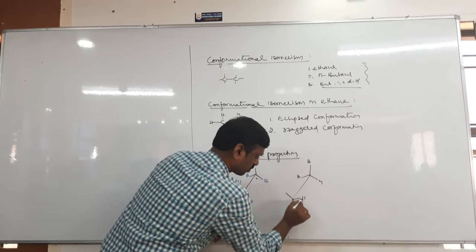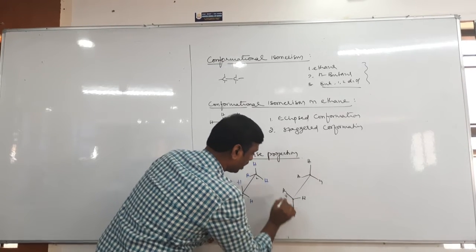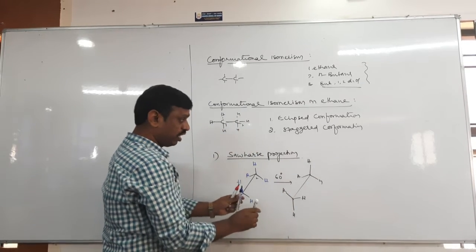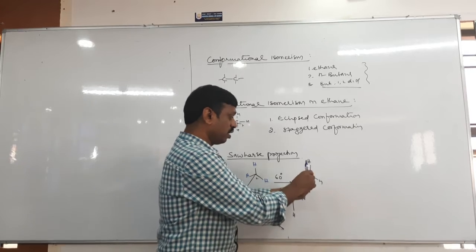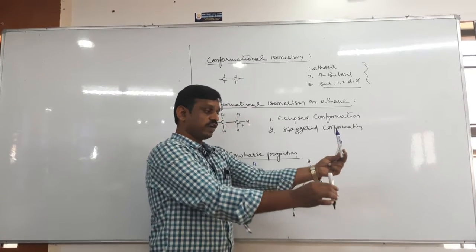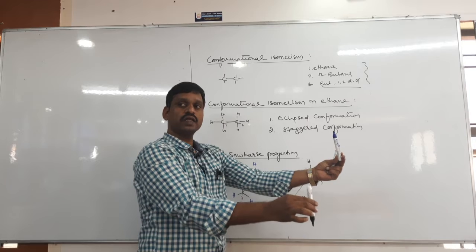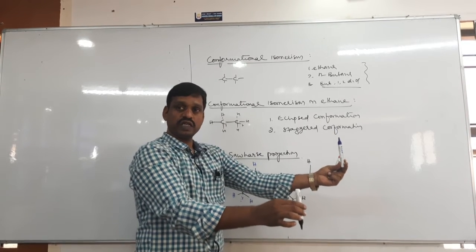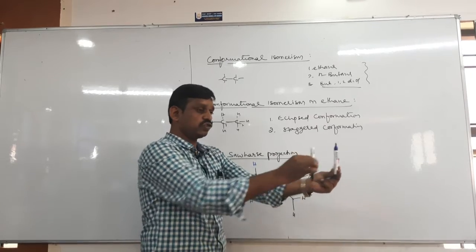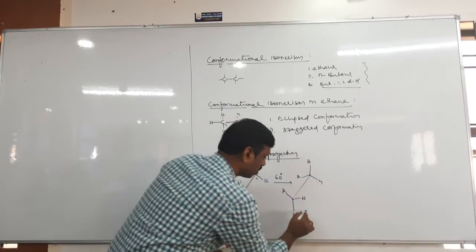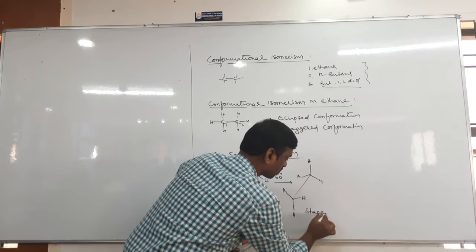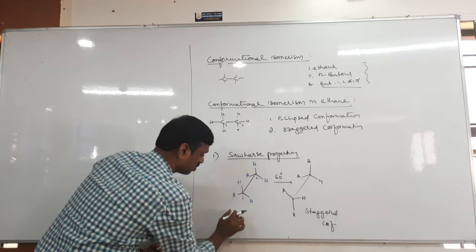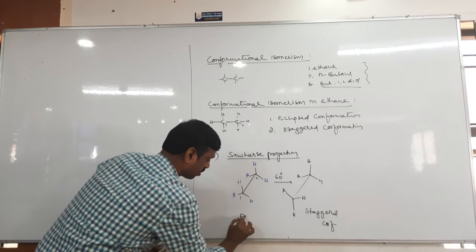So by rotating 60 degrees, you get this. Now tell me, you see the hydrogens. The back hydrogen is like this, the front is like this. How are they? They are exactly in opposite directions, no? Since they are in opposite directions, there is almost no repulsion between these hydrogens. Therefore, this is called what? Staggered conformation, and this is eclipsed conformation.